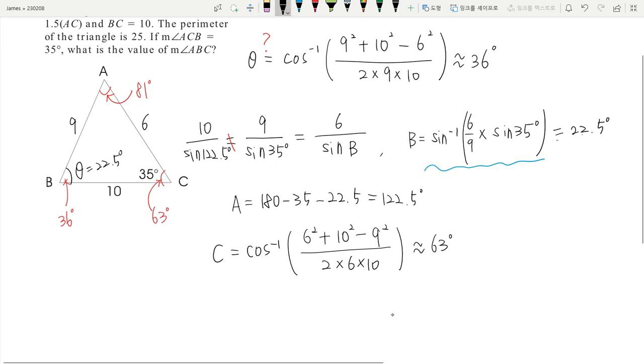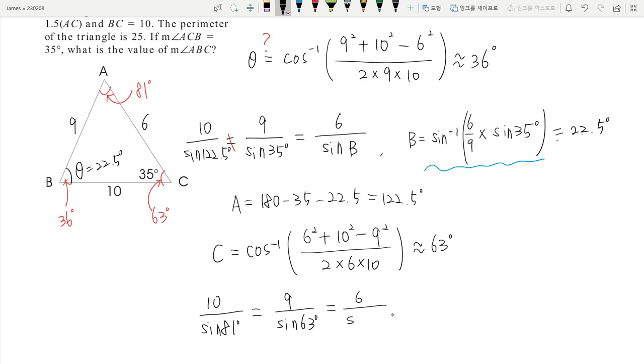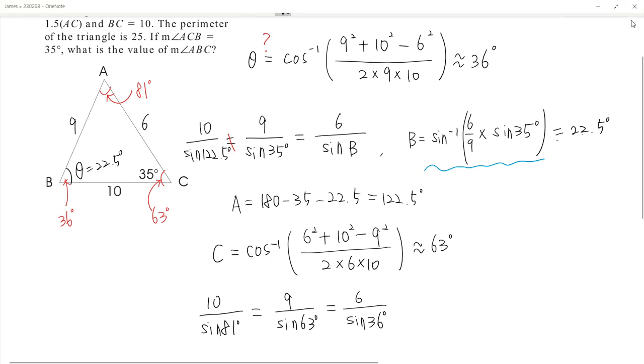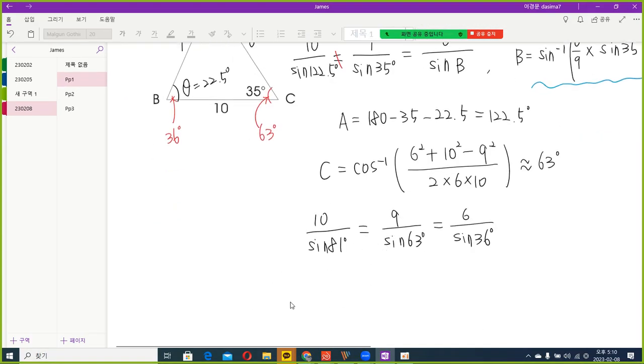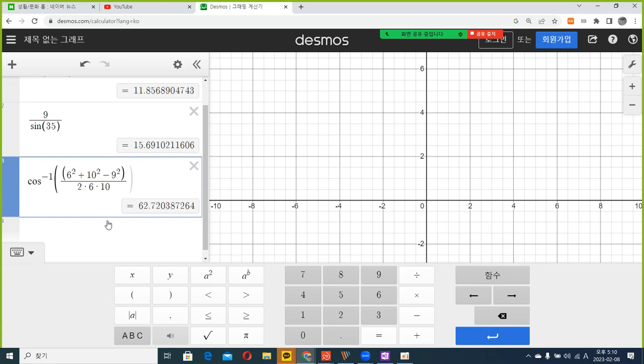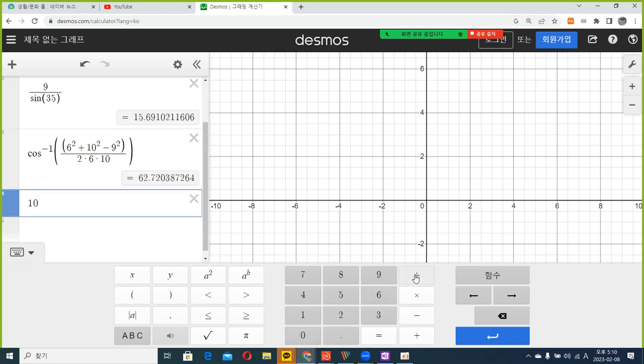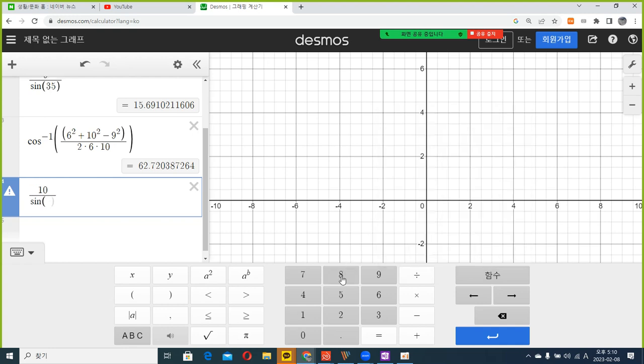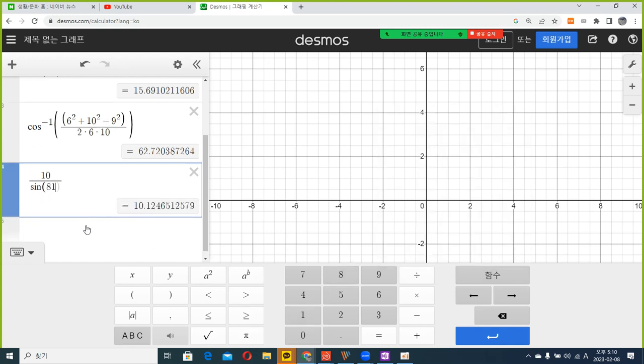And let's use the law of sines to check if these three ratios are all the same. The first ratio is about 10.1.